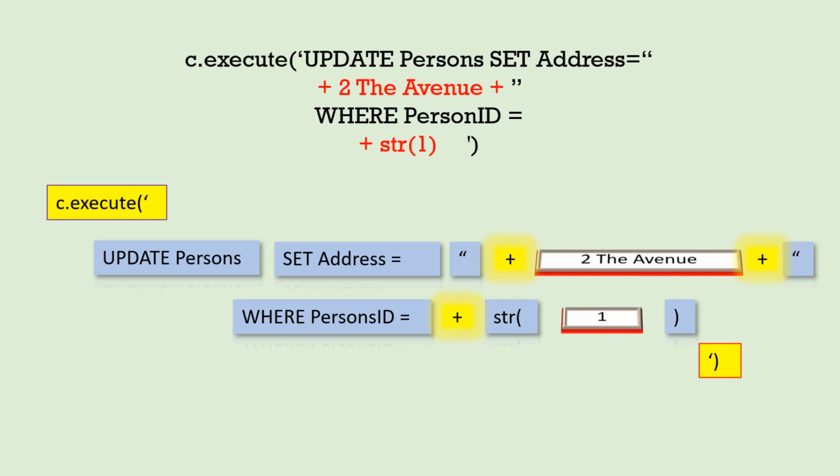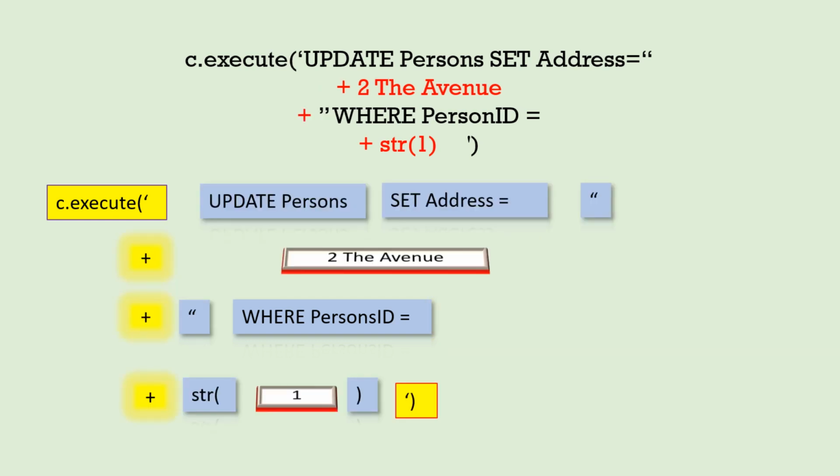the ID number. So now we can look at this as we have our SQL, the update part, then we've got our address, then we've got our SQL, the where person's ID equals, and then we've got our final variable inside the string brackets. Now we've got to make sure we've got all of this as strings in the Python.